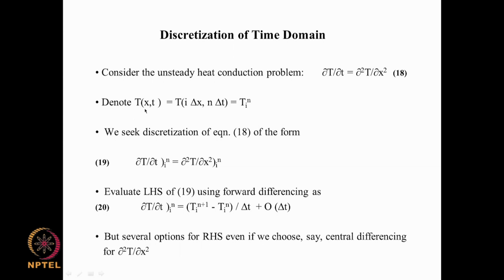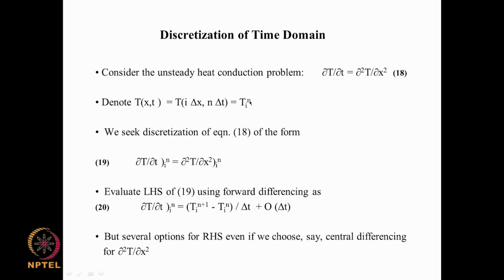So we denote T of x and t as in the two dimensional space of x and t, we discretize using the index I in the space domain, so that x_i is I times delta x, and in the time domain t_n is given as n delta t, and so T of x_i, t_n is nothing but T_i^n, and it is usual to put the space index as a subscript I here and the time index n as a superscript, T_i^n.